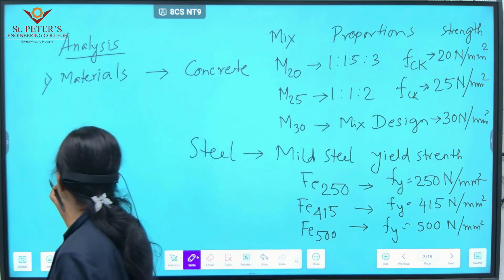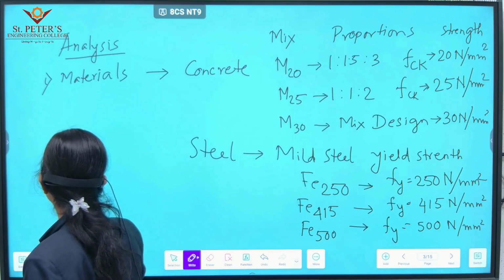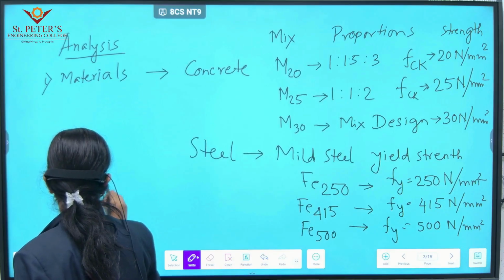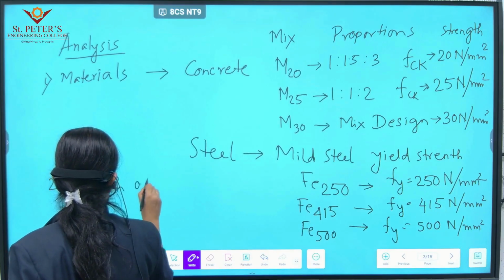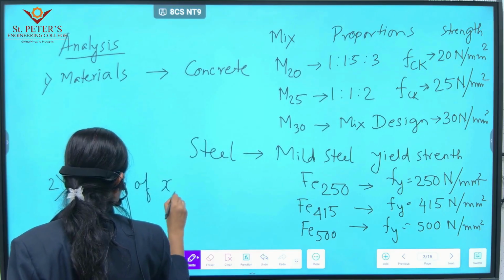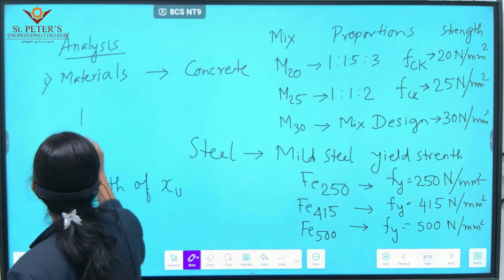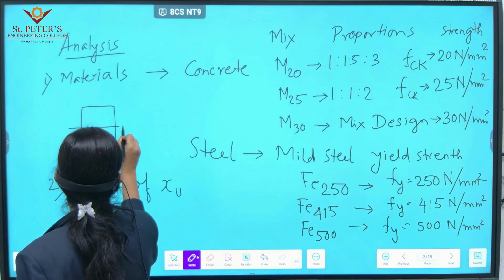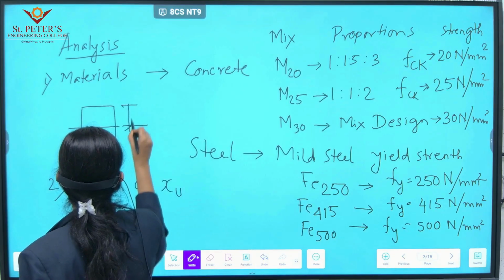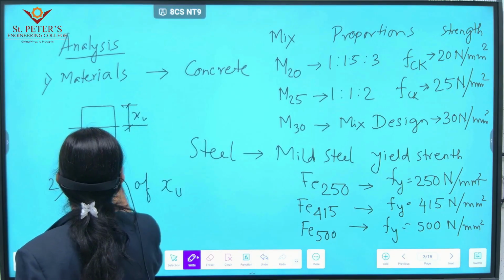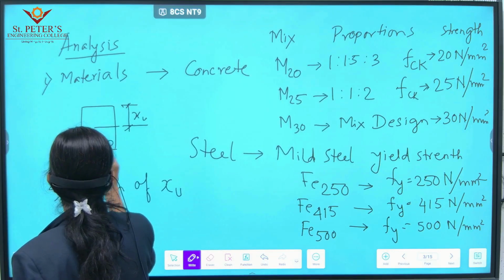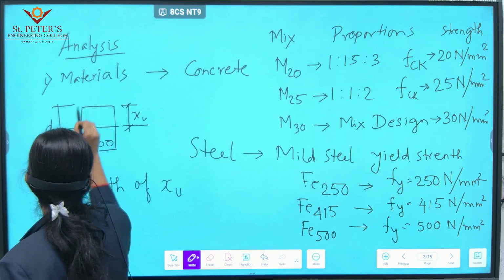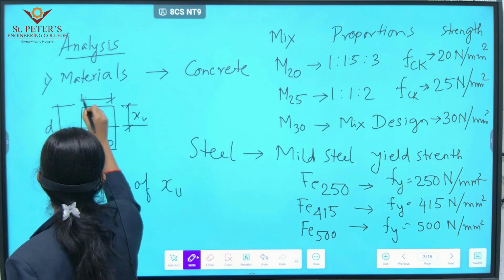After materials, we go to the neutral axis, or finding the depth of the neutral axis, Xu. If I draw the beam again, the depth of the neutral axis is denoted by Xu. The effective depth is small d, and this is small b.